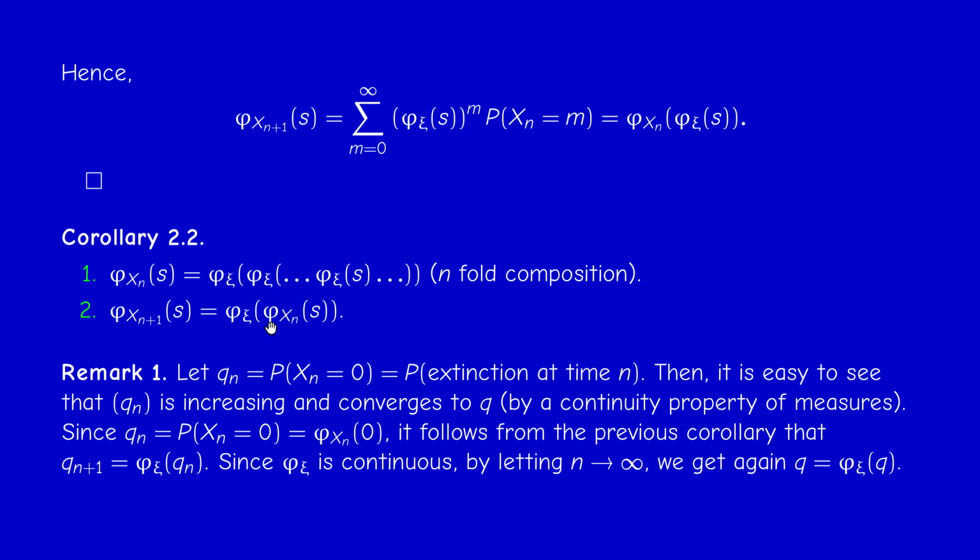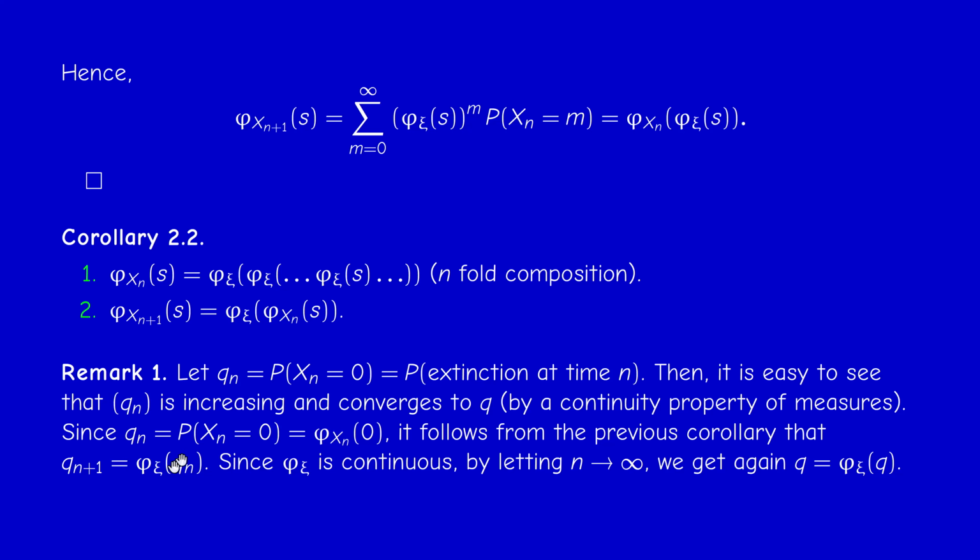So we see that Qn plus 1, which is precisely phi xi n of Qn, is precisely phi xi of Qn. Okay, so if you put here Qn, you get here Qn plus 1. Okay, so I have now an algorithm for approximating Q.